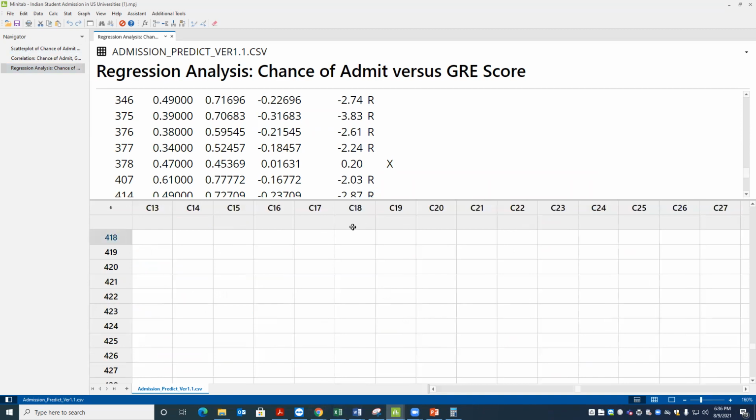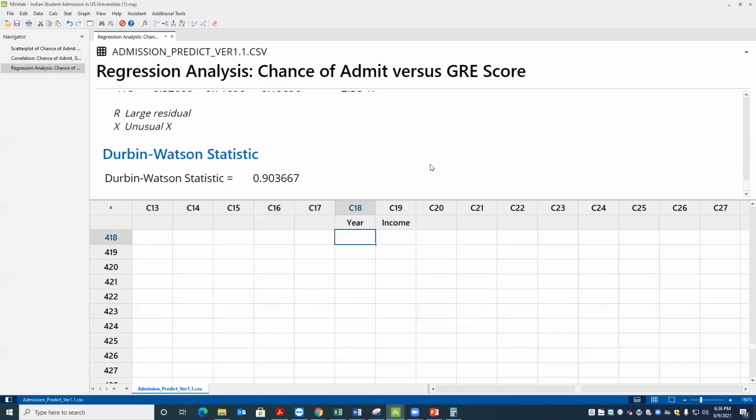For example, I put year here and income there, so from the last 20 years you have been earning, and if you run the regression analysis with the x-axis as year, then the Durbin-Watson test is important. We are not talking about that as of now.